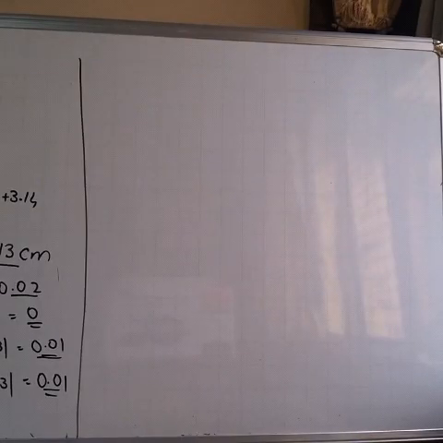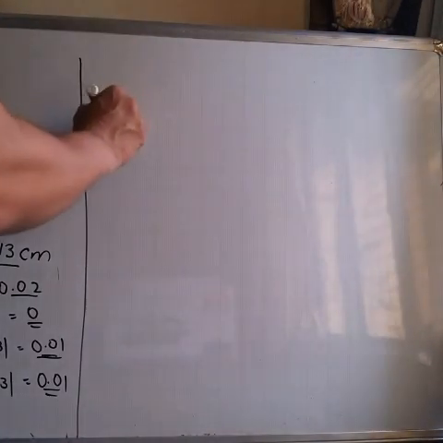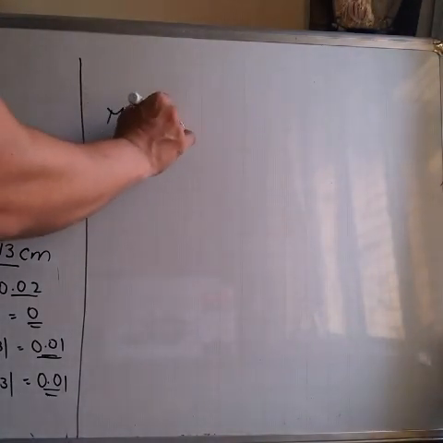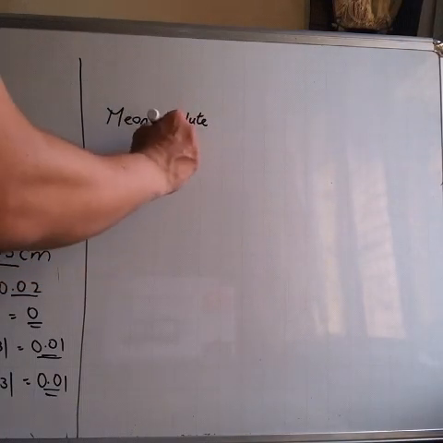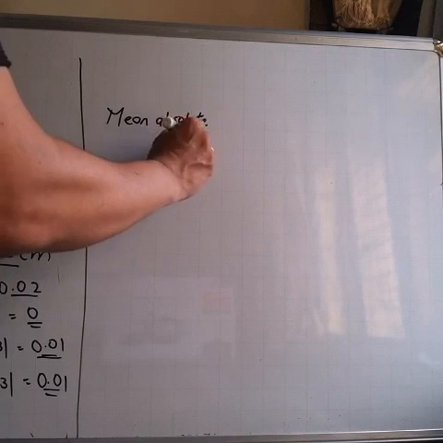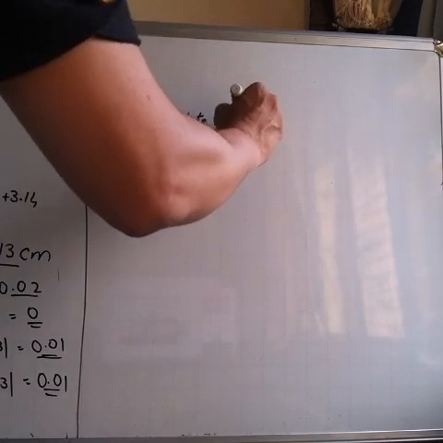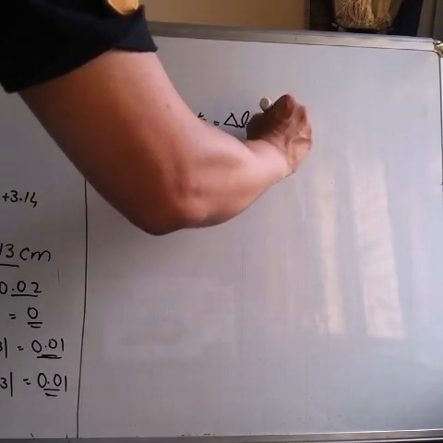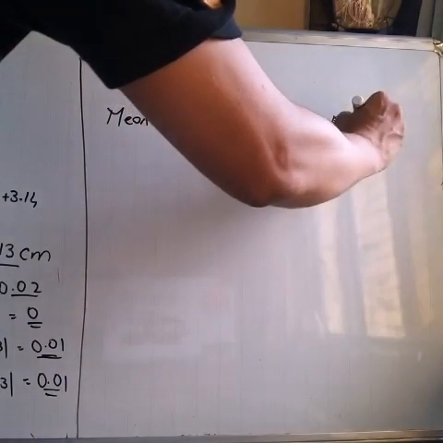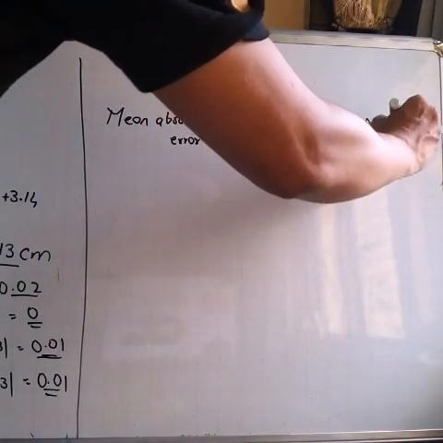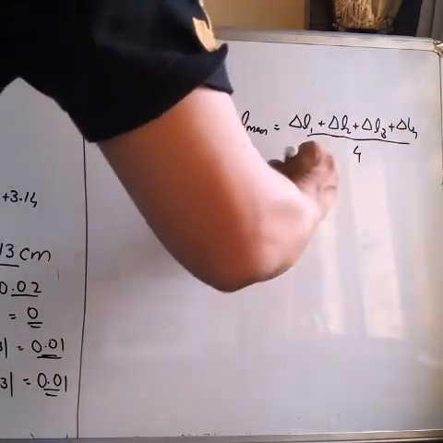Let's now find the mean absolute error. Delta L mean will be delta L1 plus delta L2 plus delta L3 plus delta L4, the whole upon 4.